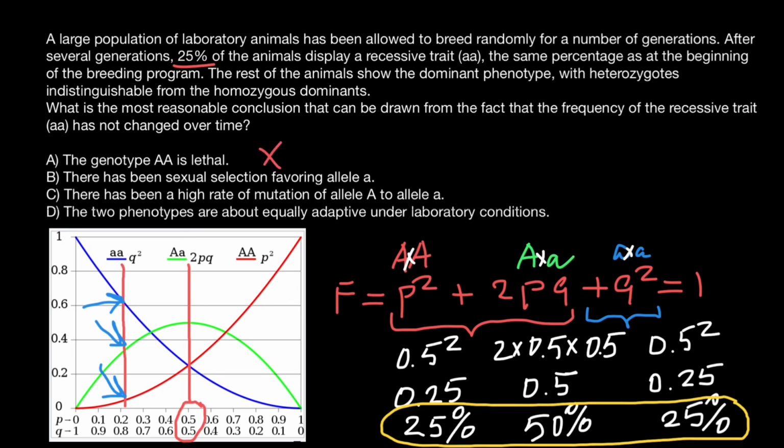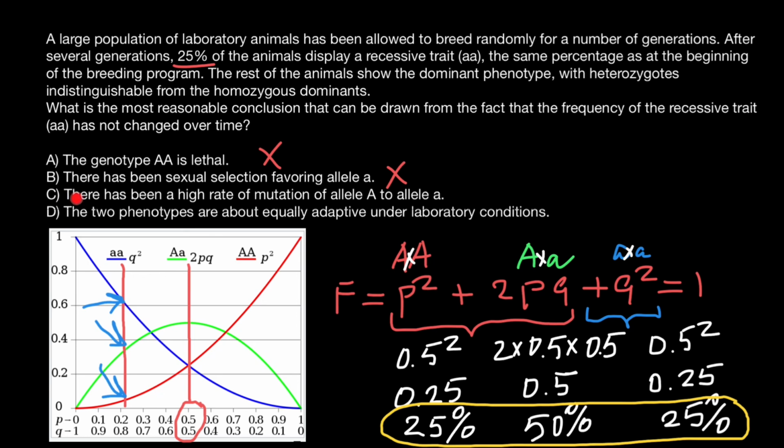And statement B: there has been sexual selection favoring recessive allele A. Again, this is also a wrong statement, because in this case the frequency of the recessive genotype would increase and the frequency of the homozygous dominant genotype would decrease.